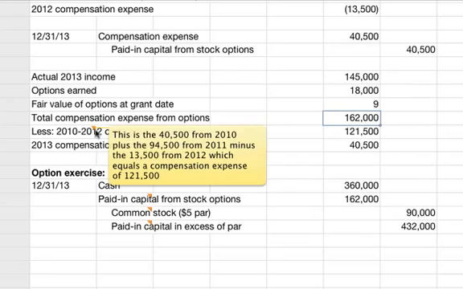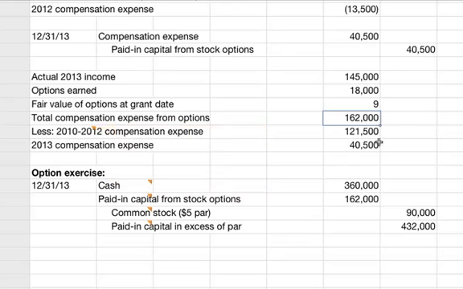If you take away the 40,500 from 2010 plus 94,500 from 2011 minus the 13,500 from 2012 that was a negative estimate, that gives us 121,500. So you take your total compensation expense minus the 121,500, and that leaves us with the 2013 compensation expense of 40,500.